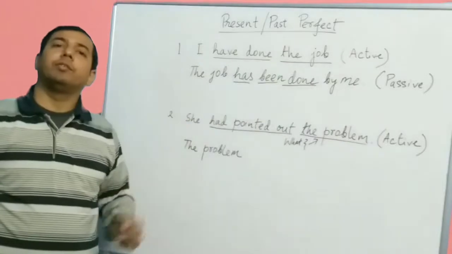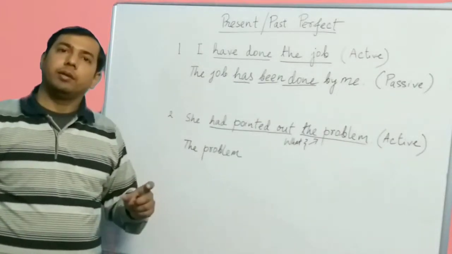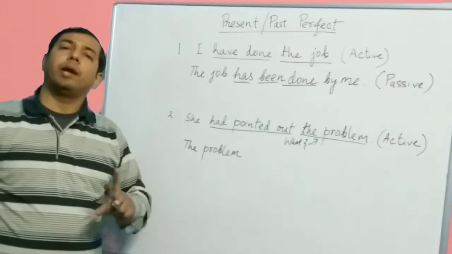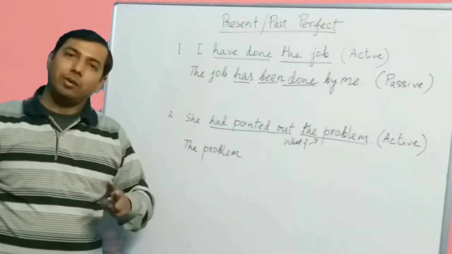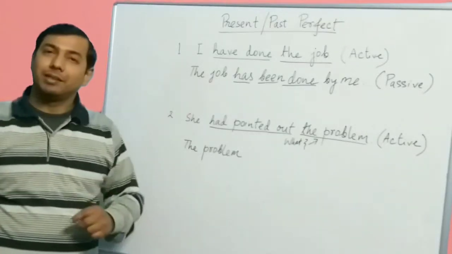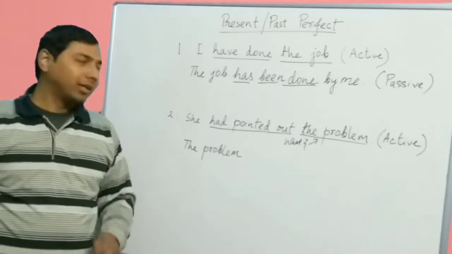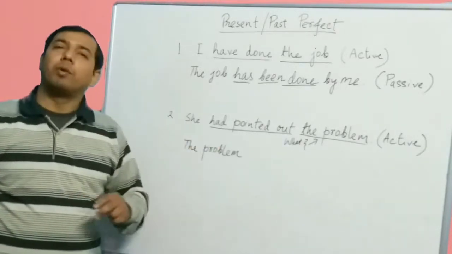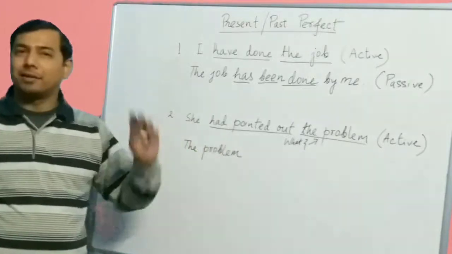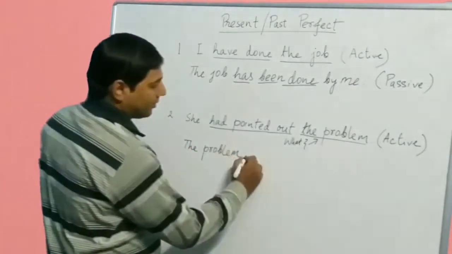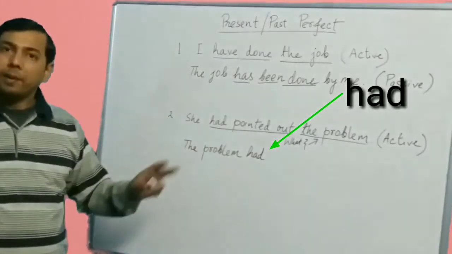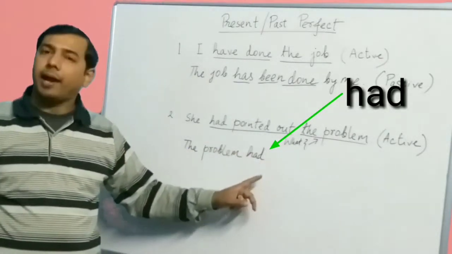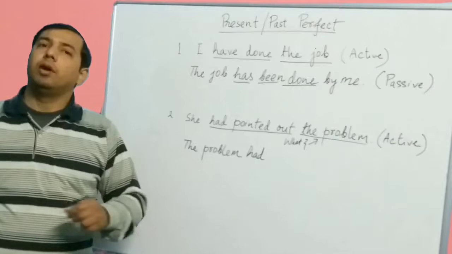Now, this is the difference from present perfect. In present perfect we had to choose either have or has. But in past perfect, we don't have to choose. There is only one possibility, that is had. The been will be put between had and the past participle of the verb.